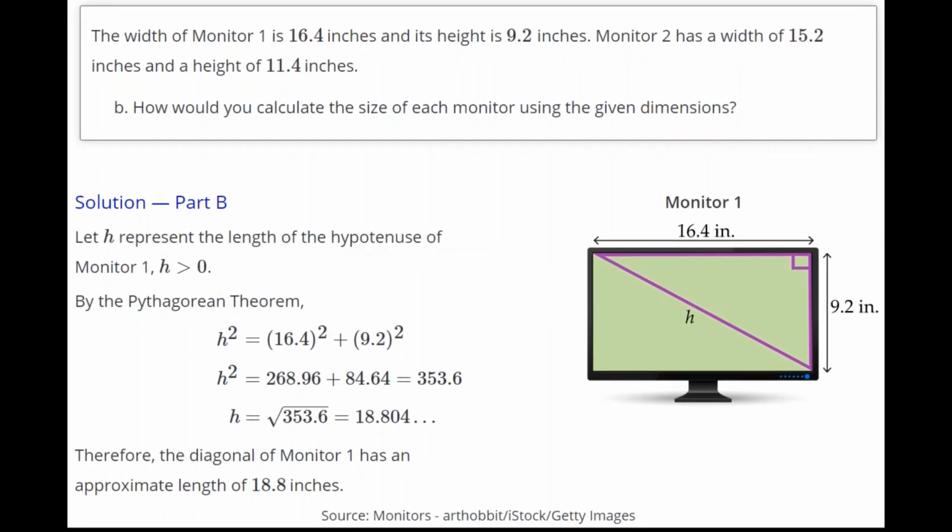We square that and add them together and we get h squared equals 353.6. Now we take the positive square root here because we know that h is a positive number, and so we get 18.804 and so on. Therefore, the diagonal of monitor 1 has an approximate length of 18.8 inches.